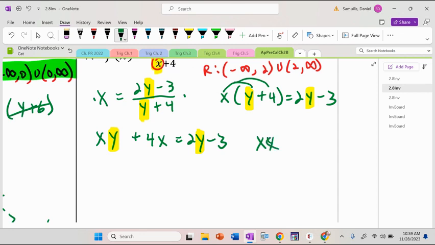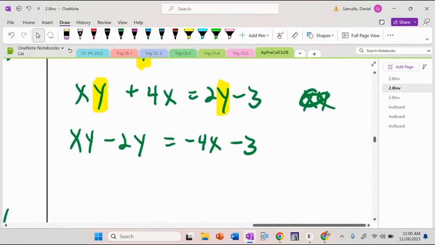Subtract 2y and subtract 4x. You should be able to handle this without having to show undo operations. I move this over here and I move that over there by subtraction in both cases. And now what I've accomplished is I've gotten y's on the same side of the equation.